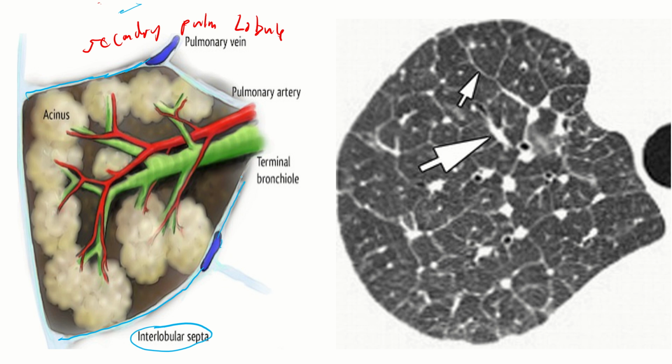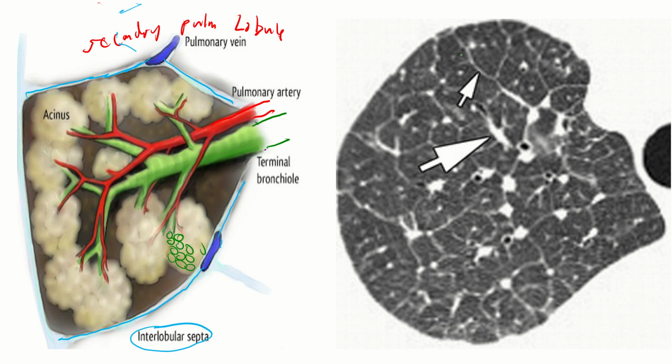And then in the center, coming into the secondary pulmonary lobule, is going to be your pulmonary artery right here, as well as your terminal bronchiole. Now this terminal bronchiole comes in, and then it gives rise to all your acini, which is an aggregation of alveoli.